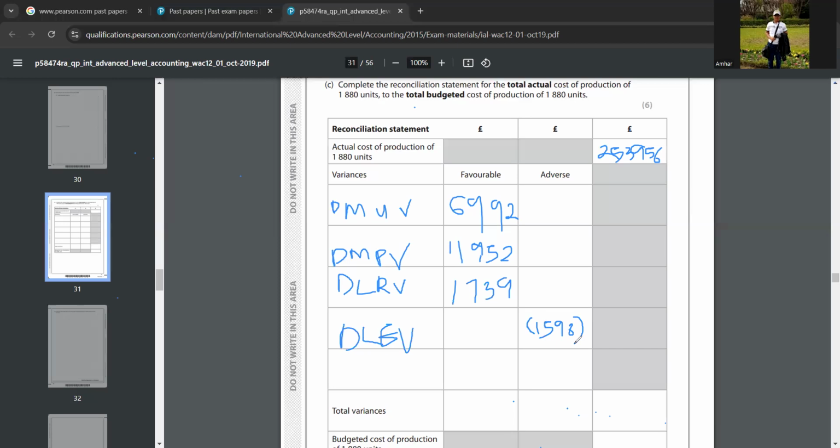You have overhead variance, right? We need to calculate that, yes. So it's fixed overhead variance. Look at the question: they have told overheads are regarded as fixed cost, right?